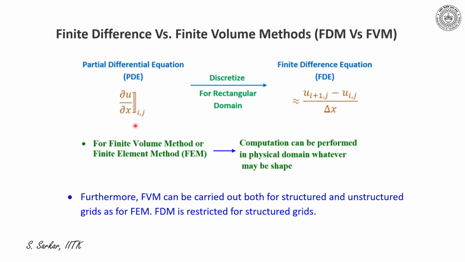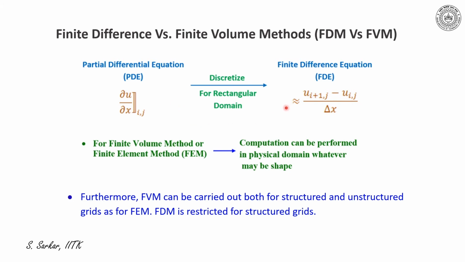Considering a rectangular grid at a point, if I approximate del u del x, it can be represented as u i plus 1 j minus u i j divided by del x. So this is the finite difference form of the term del u del x at point ij in the rectangular domain.